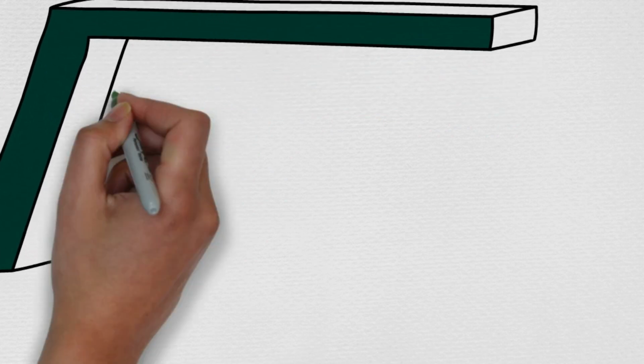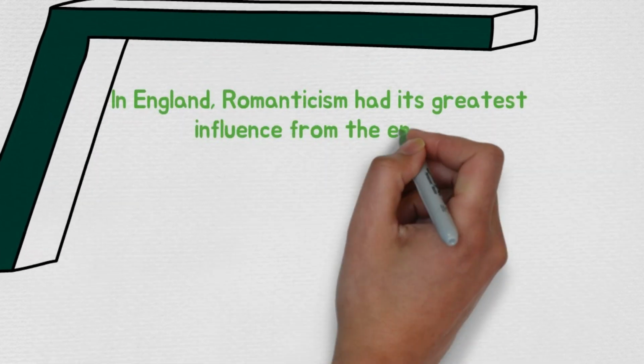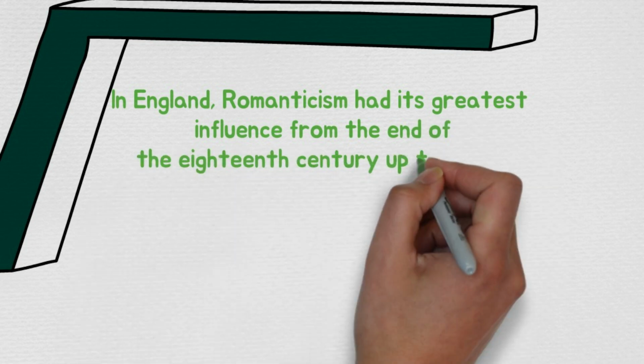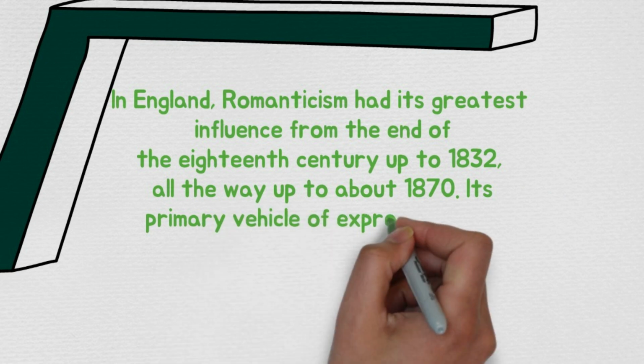In England, Romanticism had its greatest influence from the end of the 18th century up to 1832, all the way up to about 1870. Its primary vehicle of expression was poetry.